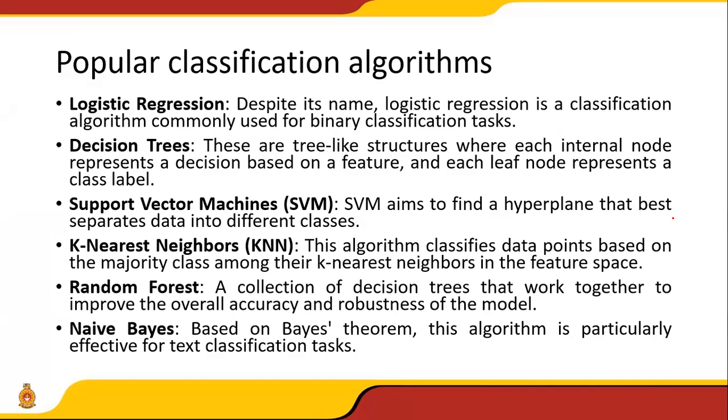K means a number, and nearest neighbors, meaning what are the nearest ones for us. Then we have random forest. We collect all of the decision trees and come up with a big forest. That's more than enough to understand, right? We collect all of the decision trees and come to one specific forest. That's the random forest. Naive Bayes is based on Bayes' theorem.